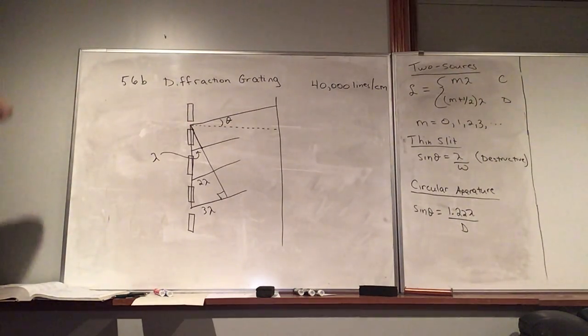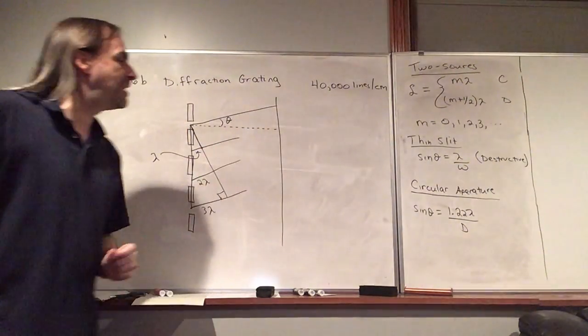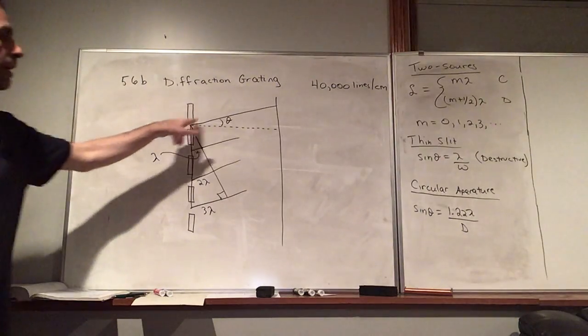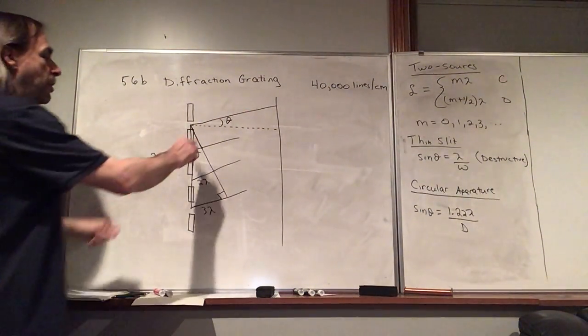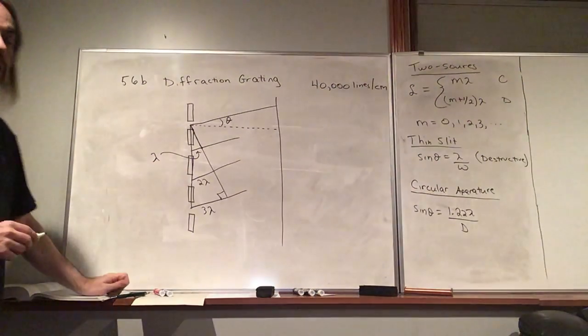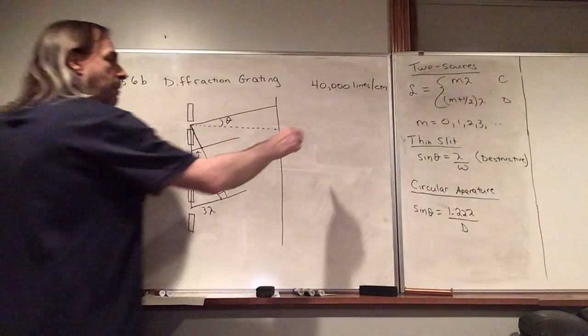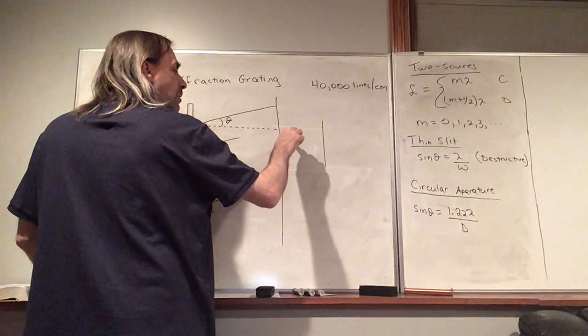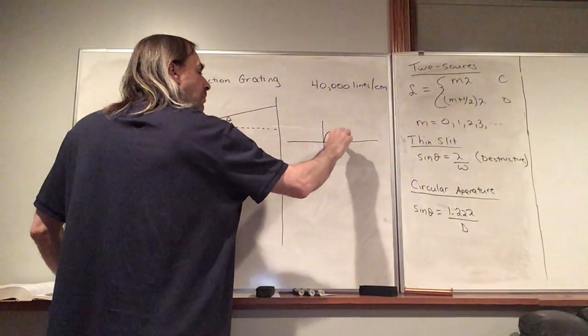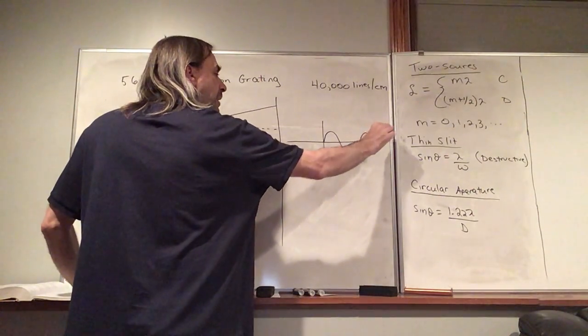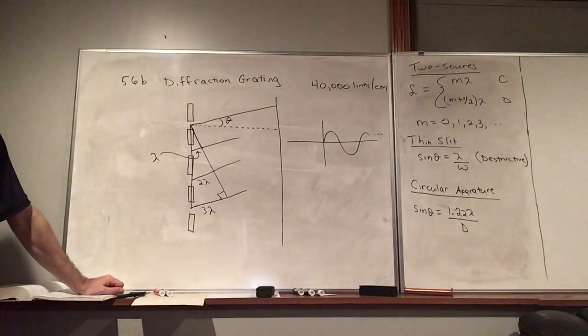The first one is going to travel a certain distance going from this slit to the screen. Going through the next slit, it's going to have to travel an extra path length. So let's draw the first slit here. It's going to go like this, and continue on until it hits the screen.